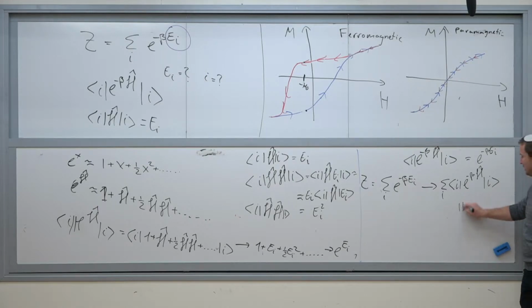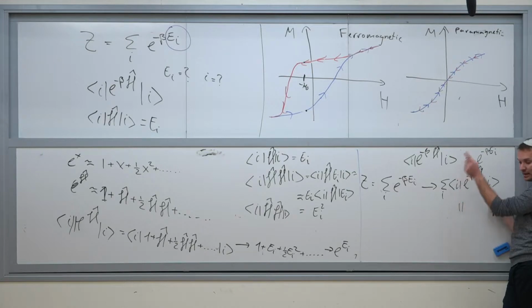And this equals exactly, so e to the minus beta Hamiltonian is an operator, taking only the diagonal elements. Think about it as a matrix. What I have over here is a trace of the matrix, right? I'm only taking the values on the diagonal: 1,1, 2,2, 3,3, 4,4, 5,5, etc. I'm not taking the bracket of eigenstate 3 and eigenstate 4.